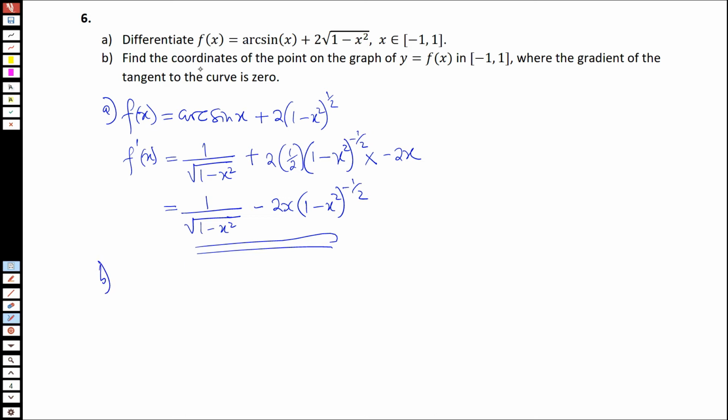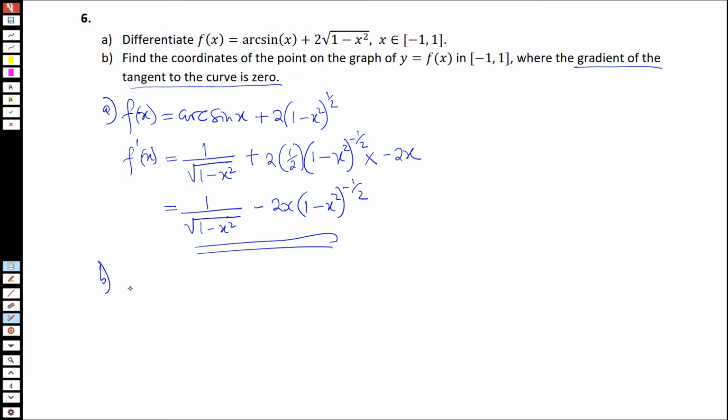Now for part B, we are required to find the coordinates, which means the x and y coordinates, of the point on the graph of y equals f of x where the gradient of the tangent to the curve is 0. So that basically means the point where f dash x equals 0.